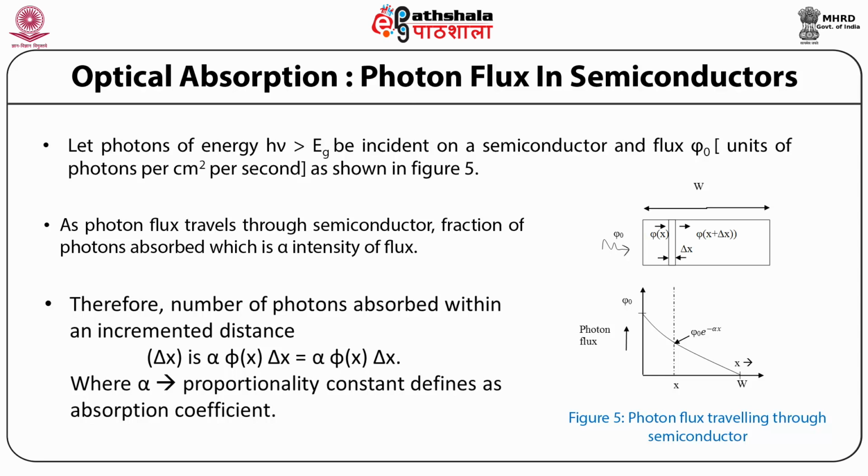Therefore, the number of photons absorbed within an incremental distance delta x is proportional to phi(x) delta x, equal to alpha phi(x) delta x, where alpha is the proportionality constant defined as the absorption coefficient.